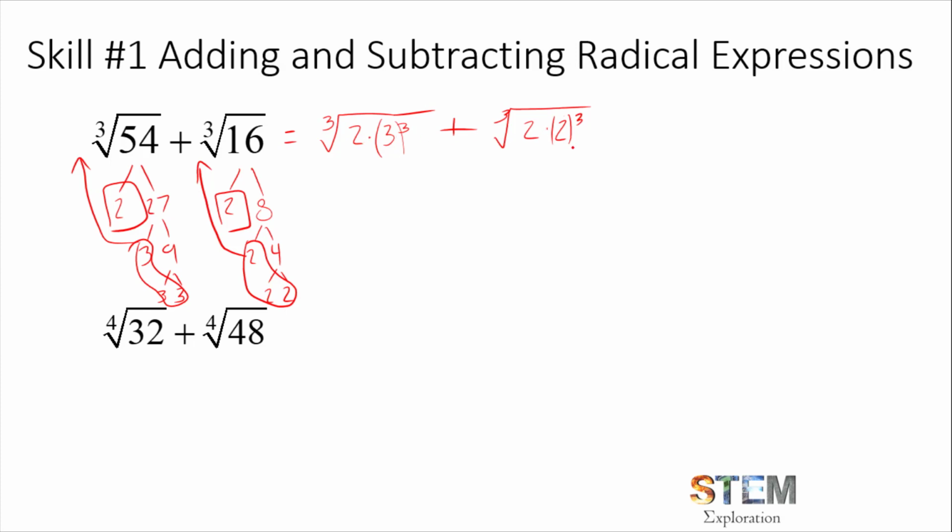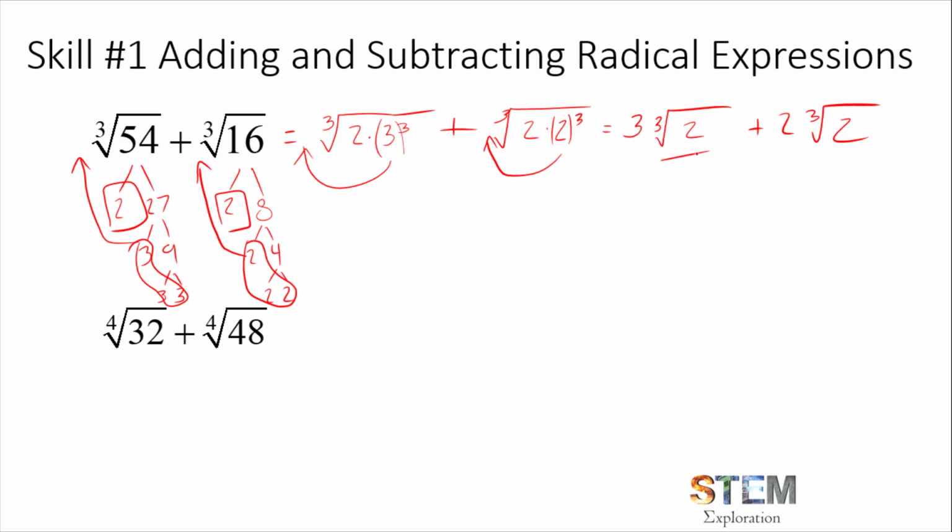What that allows me to do is pull these values out front, and then what I will get as a result is 3 cube roots of 2 plus 2 cube roots of 2.